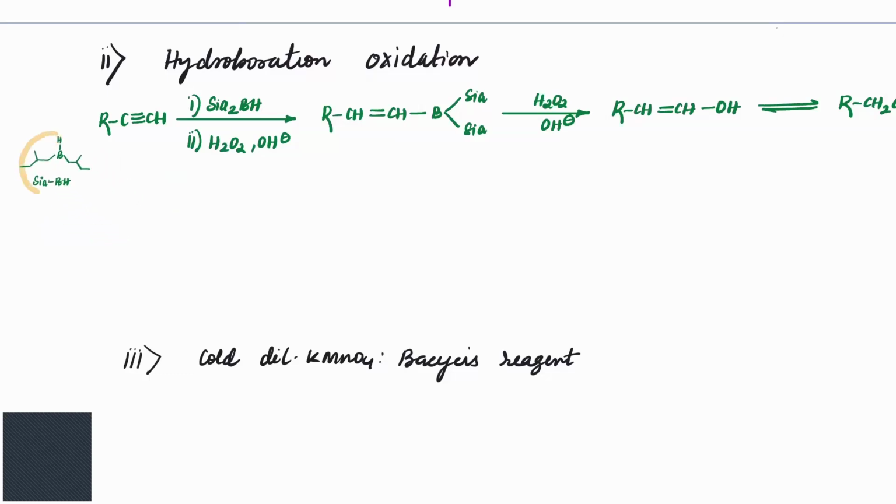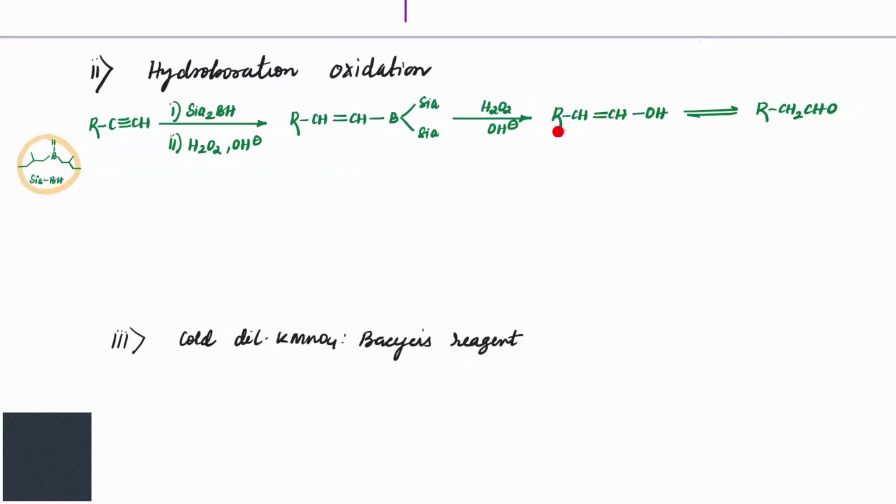So if you see this, the role is very simple. It would go up to the enol form, but further reduction of aldehydes is not observed because of the bulkiness here. The boron compounds will not be able to reduce these aldehydes again to alcohol.